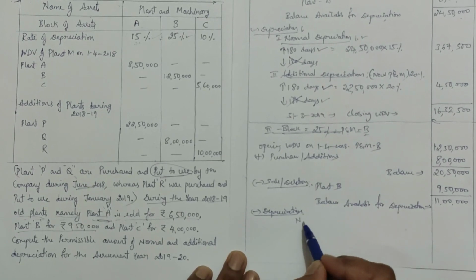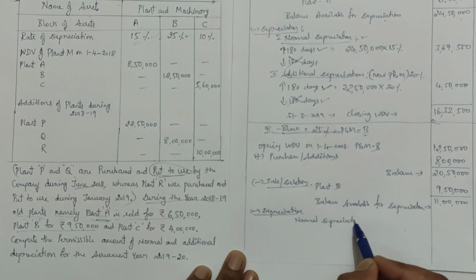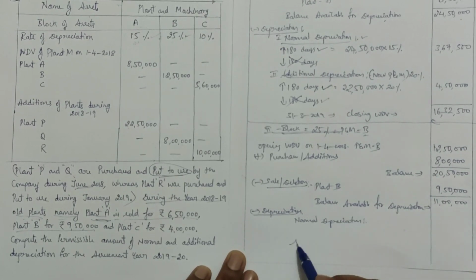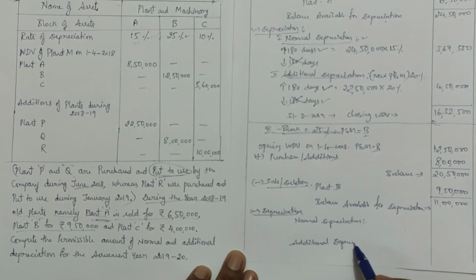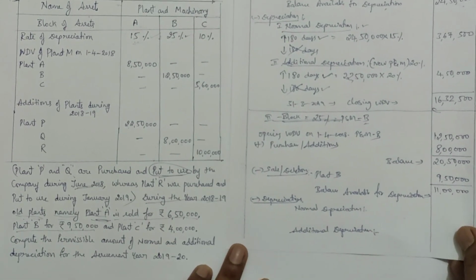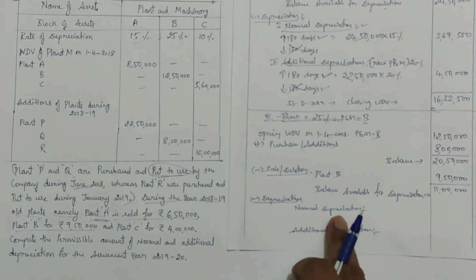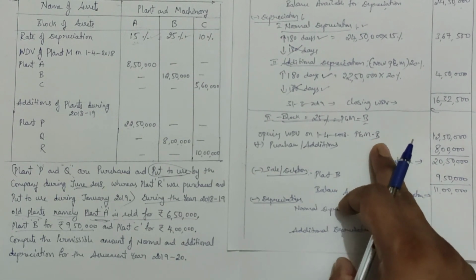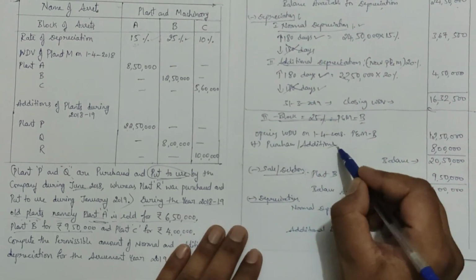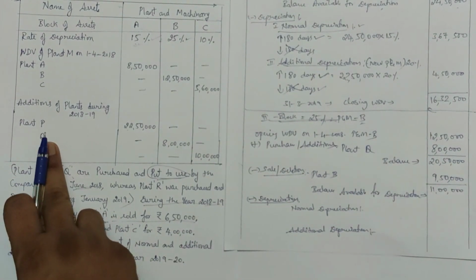So under depreciation we have normal depreciation and additional depreciation. Correct. So again, the same way we calculated the first block, even here we need to calculate. Clear? So here we have plant and machinery, that is plant B, and newly purchased plant Q.